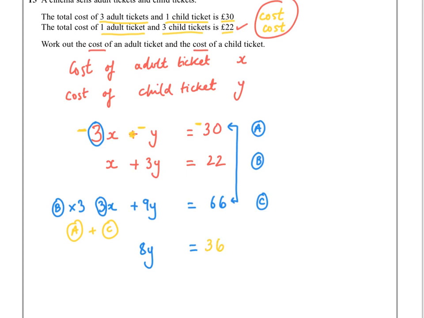I'll just keep these colours the same. And then y will just be 36 divided by 8, which is going to be 18 divided by 4, which is 9 divided by 2, which is £4.50. So you'd say £4.50, and that's going to be a child ticket.